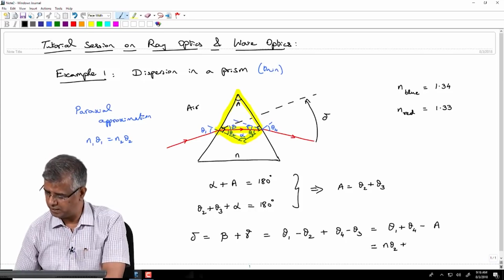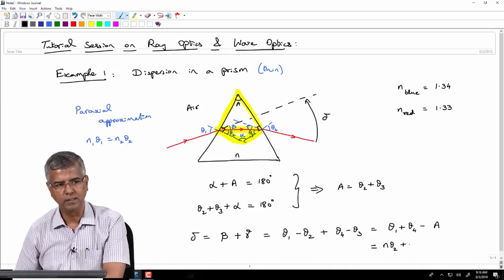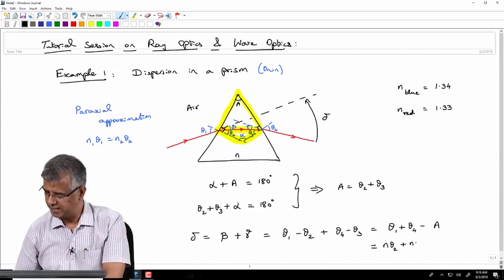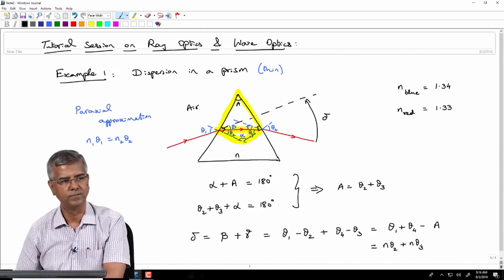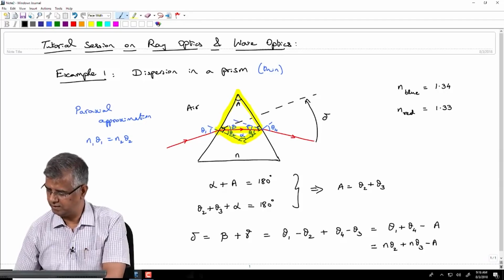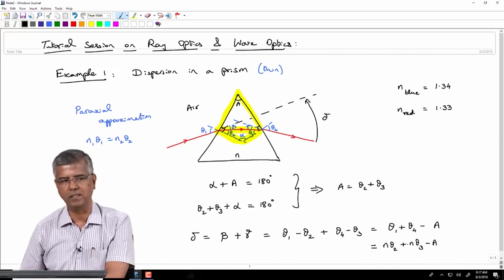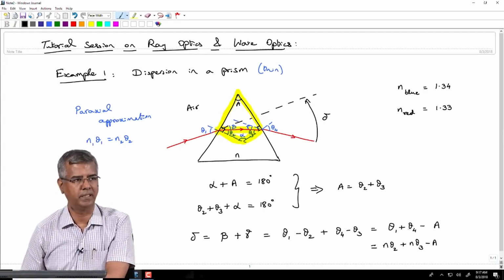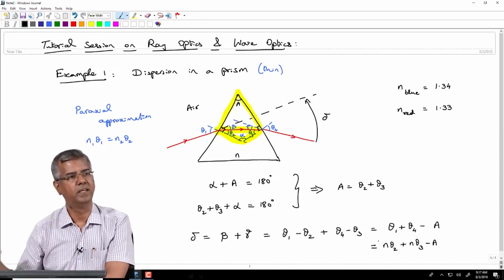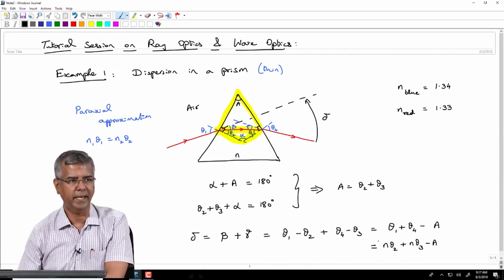Similarly, theta 4 can be written as n times theta 3. Delta is then n times theta 2 plus theta 3 minus A, and n is a common term, so you take n outside, theta 2 plus theta 3, which is equal to A.